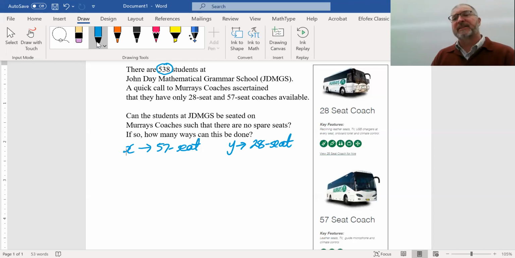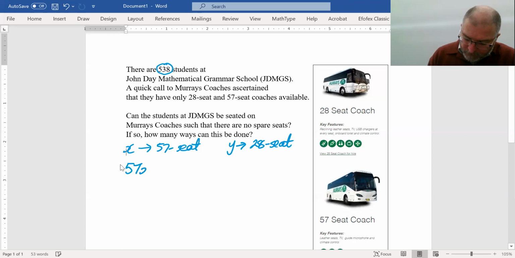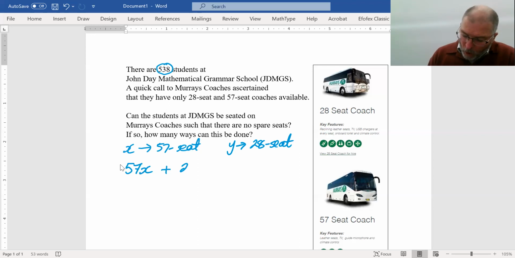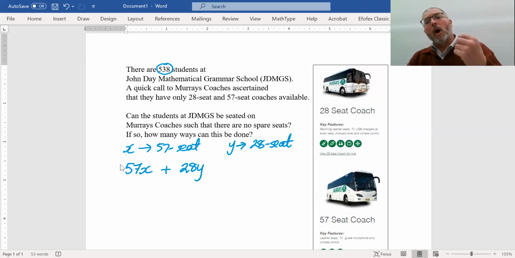And X lots of 57 can be written as 57X. 57X students are on the 57-seater buses because there's X lots of those buses, X lots of 57 seats. On the 28-seaters, we've got Y lots of them, Y 28-seaters, 28 seats used up per bus.